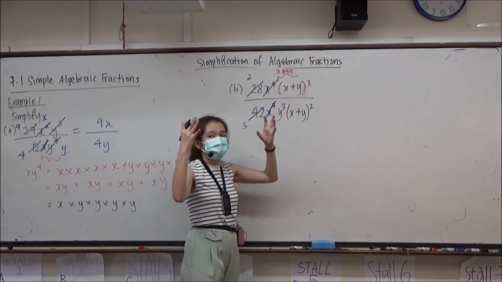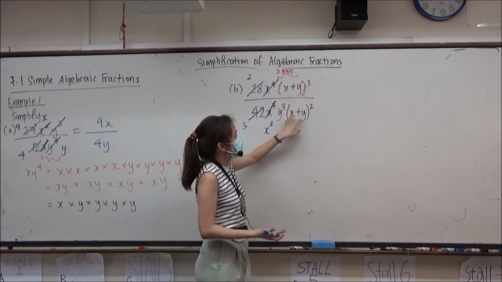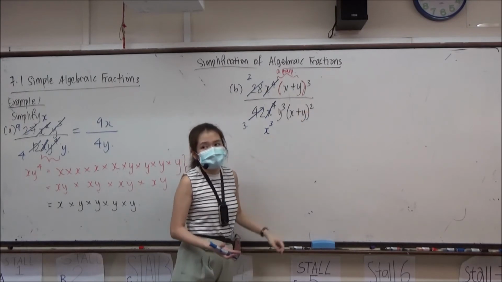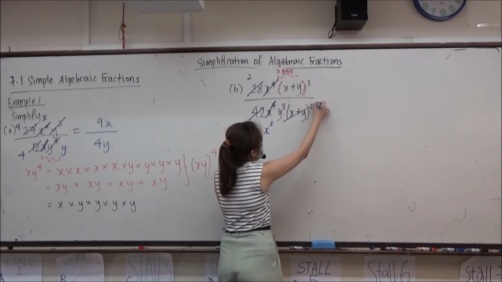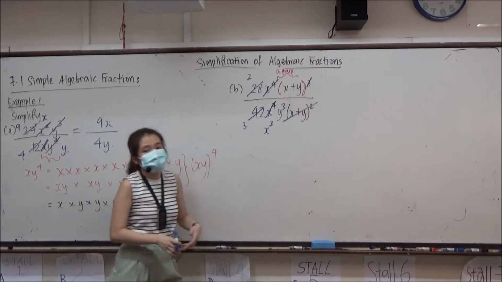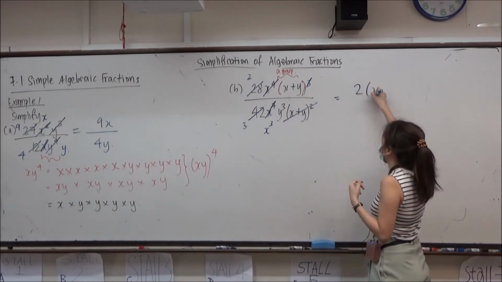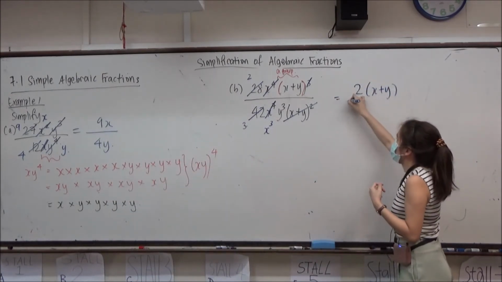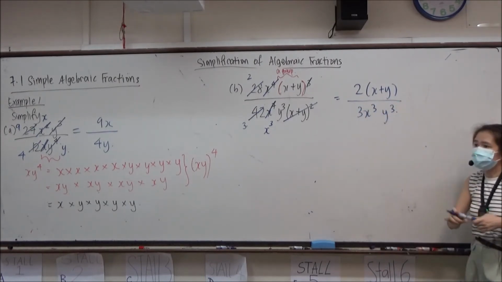So we cancel everything together. Okay, so x plus y to the power of 3 and x plus y to the power of 2. How many x plus y can I cancel? 2 of it. So the one at the bottom totally is gone. The one at the top only left with 1. So therefore my answer will be 2 bracket x plus y over 3x cubed y cubed.